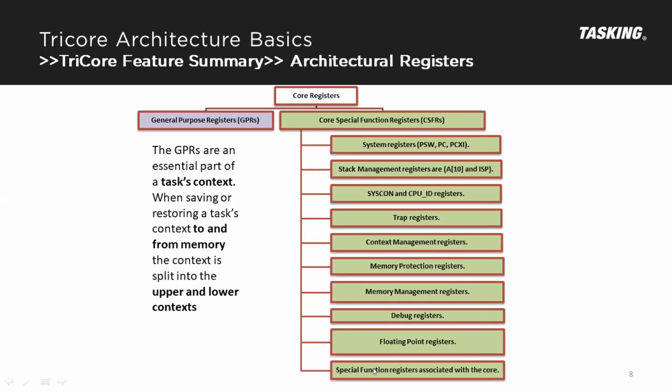And you will find as well some special function registers that are related to a specific core. So this is a complete overview of the core registers, the different registers that exist on the TriCore.